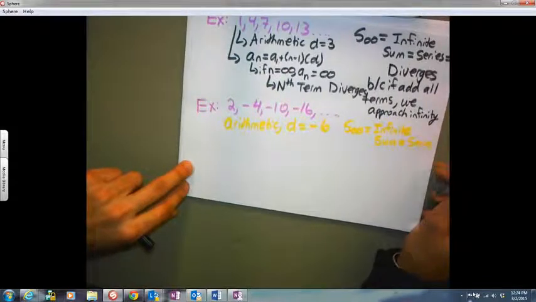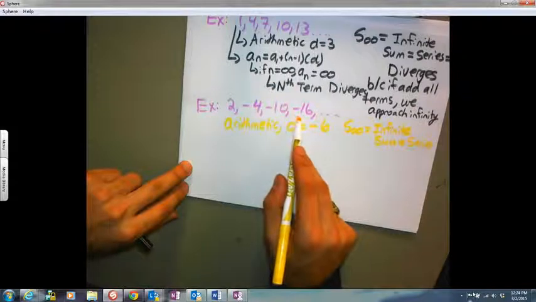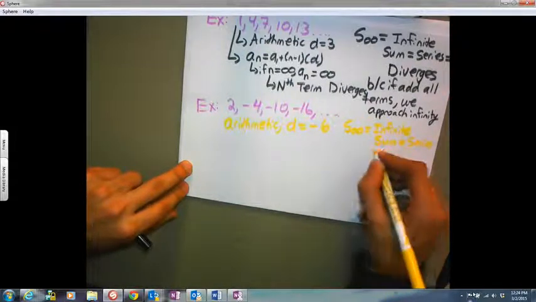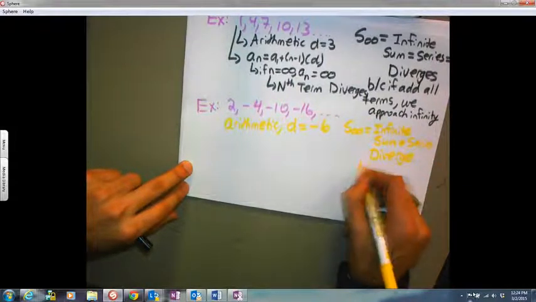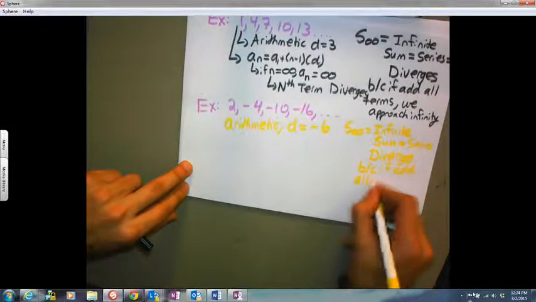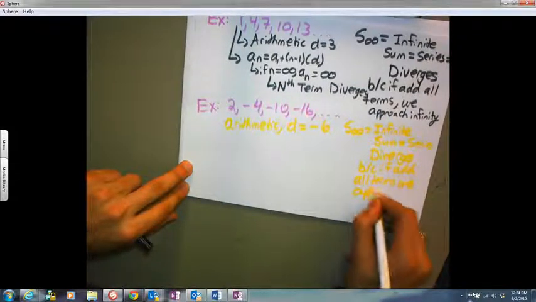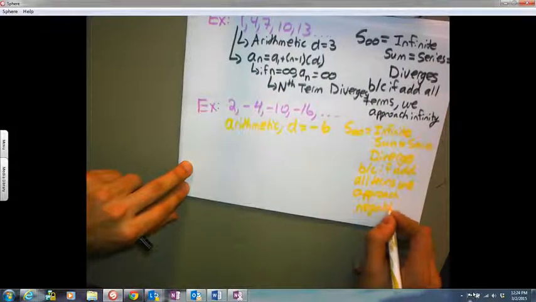And here if I add up all these numbers, I will get negative infinity, because all these numbers are more and more negative as I keep going. So we would diverge, because if we add all the terms, we approach negative infinity.